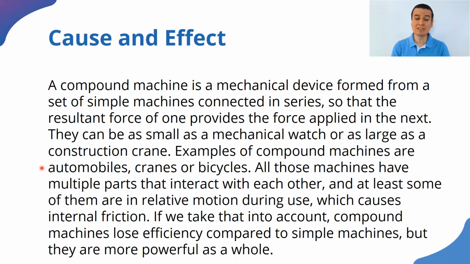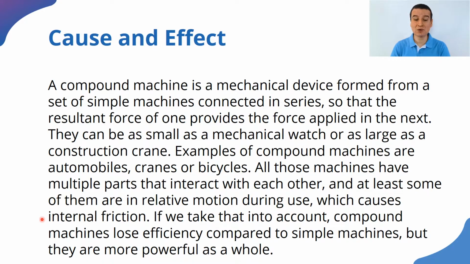All those machines have multiple parts that interact with each other, and at least some of them are in relative motion during use. Right, some of those smaller parts, those simple machines, move, which causes internal friction. Some parts rub against others.